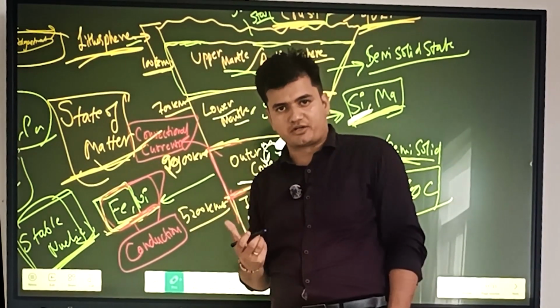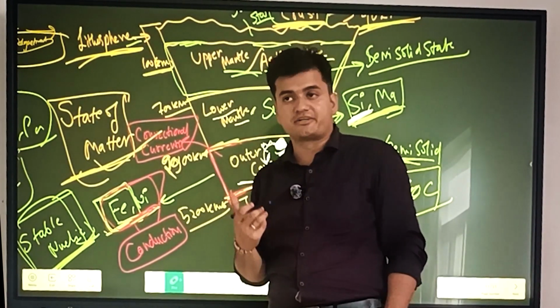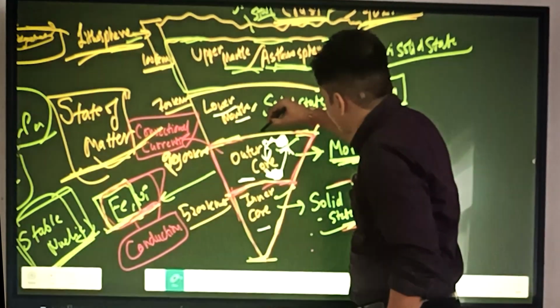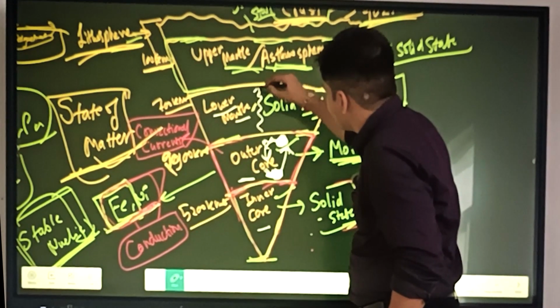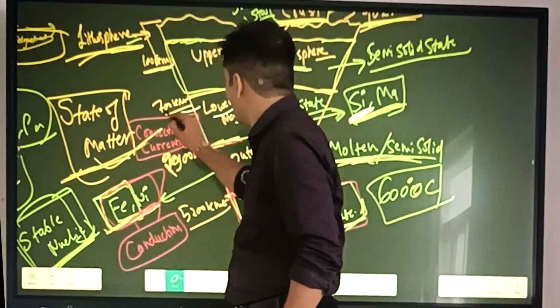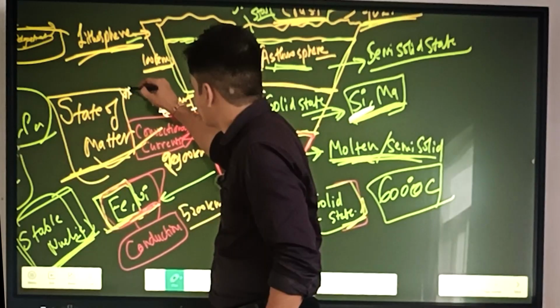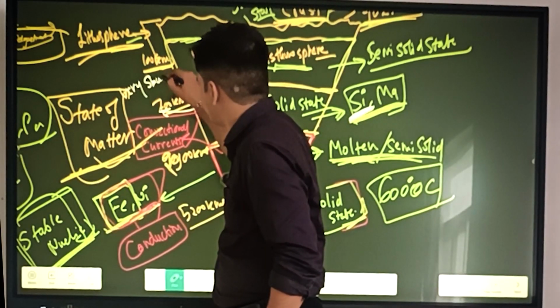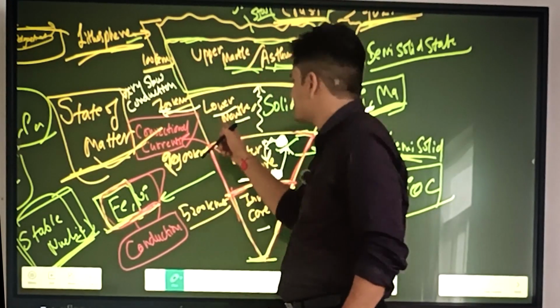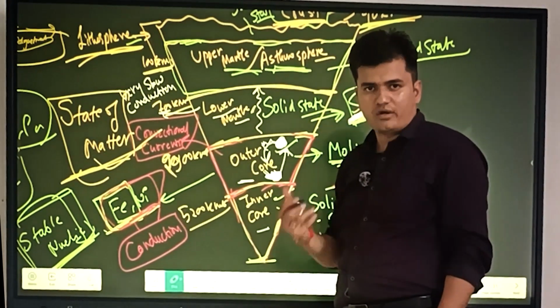Silica is not a good conductor of heat. Silica is a bad conductor, or we can say an insulator of heat. So the conduction process inside the lower mantle will be very slow.